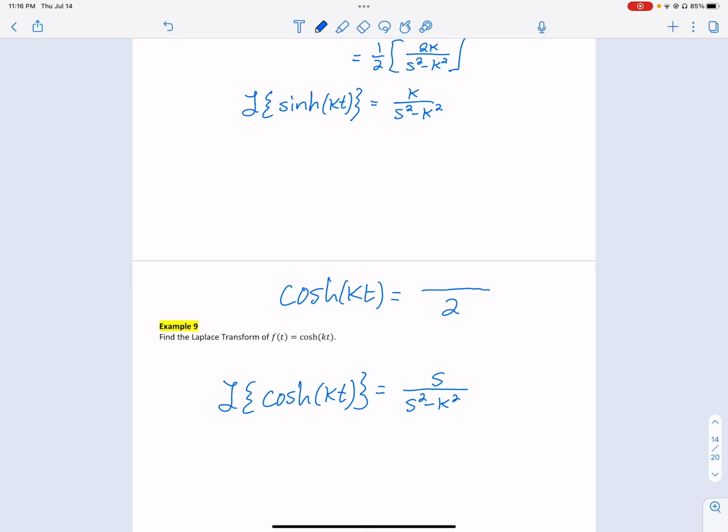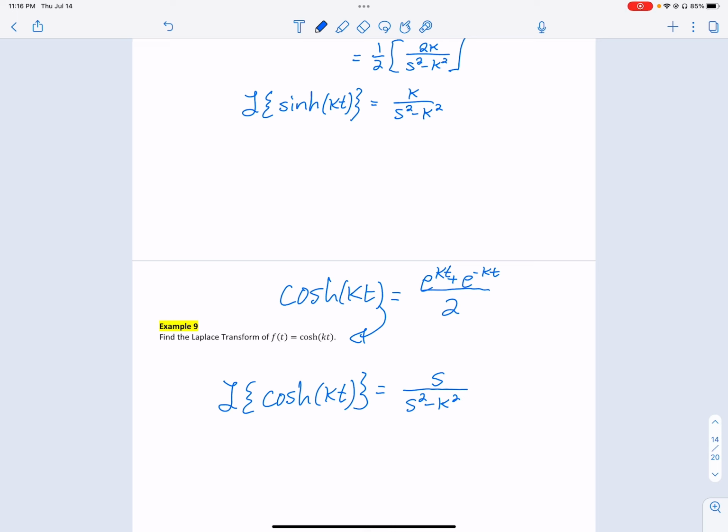Still over 2, and it's e to the kt plus e to the negative kt. That's the only difference. There's a plus in between instead of a minus. I would encourage you to use this for that problem, work it out, and see if you can get the definition right there that we just came up with.